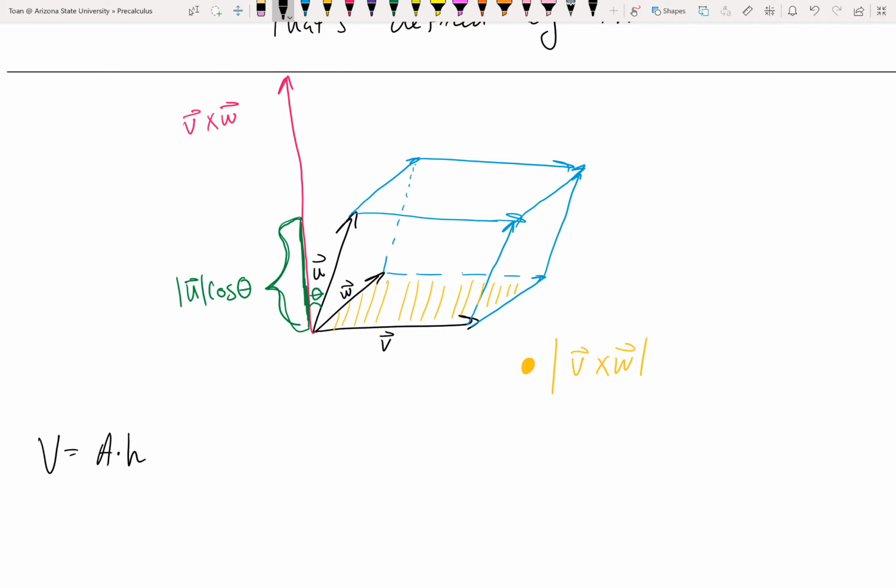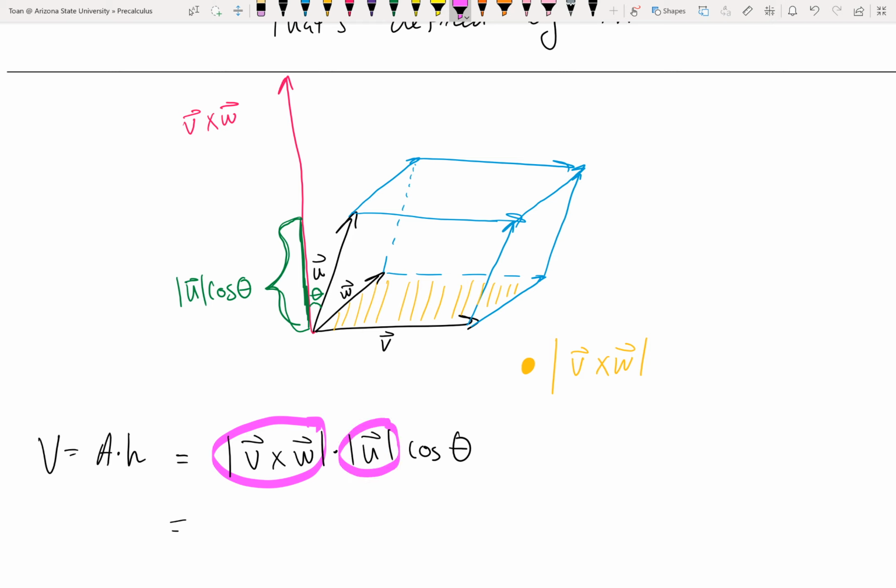So what is the volume of this three-dimensional figure, this parallelepiped? It's the base area, so that's the magnitude of v cross w, times the height, which we said was the magnitude of u times cosine of the angle between them. Now you astute students might notice something familiar. This formula has an interesting structure: magnitude of one vector times magnitude of the other times the cosine of the angle between.